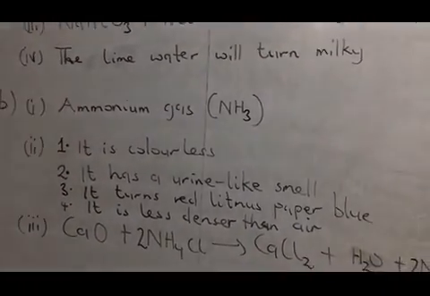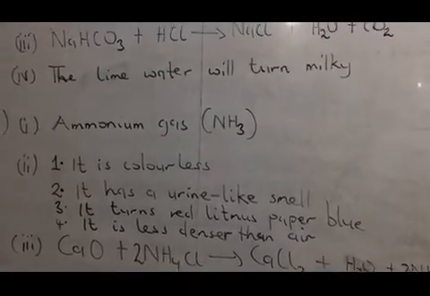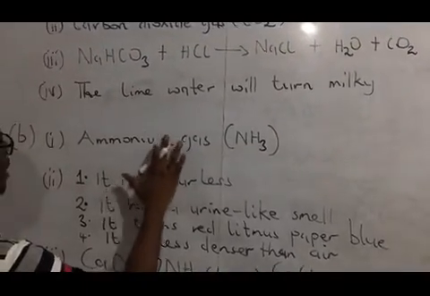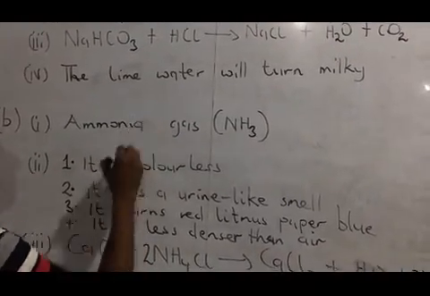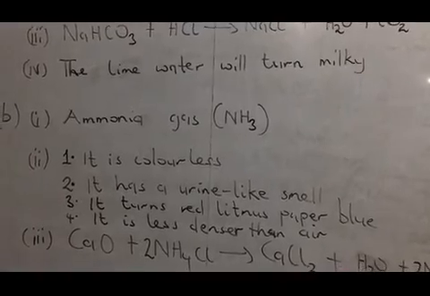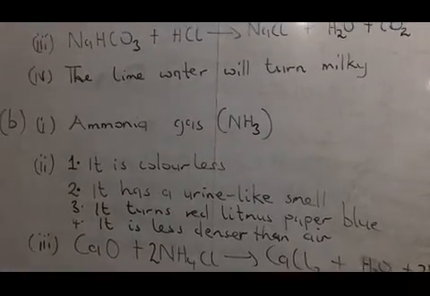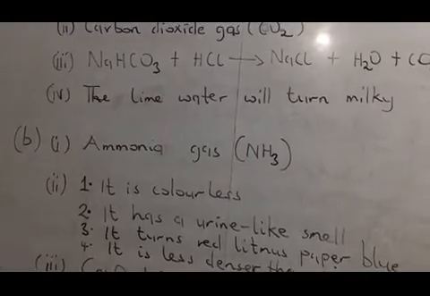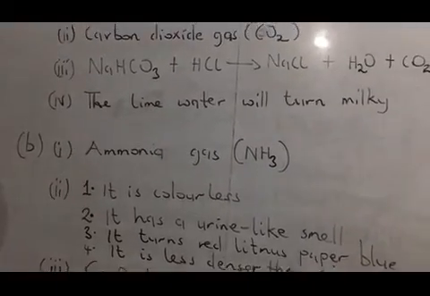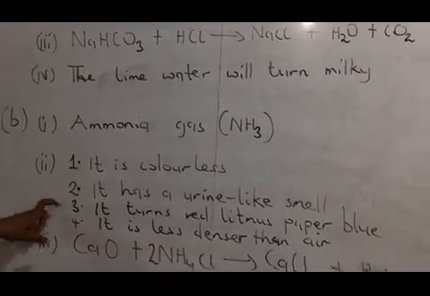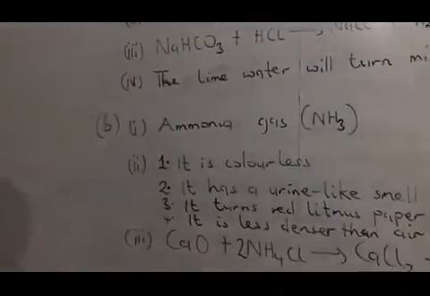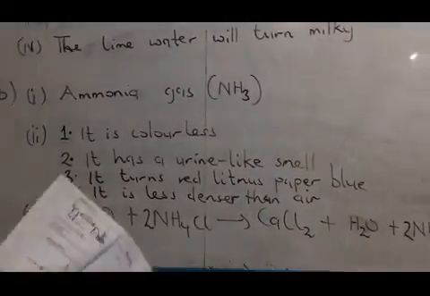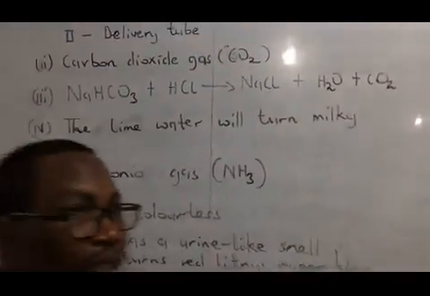Okay, so these are some properties of ammonia gas: it is colorless, it has a urine-like smell, it is less dense than air, and it turns red litmus paper blue. Why? Because it is a basic gas. Okay, so that ends question 11.